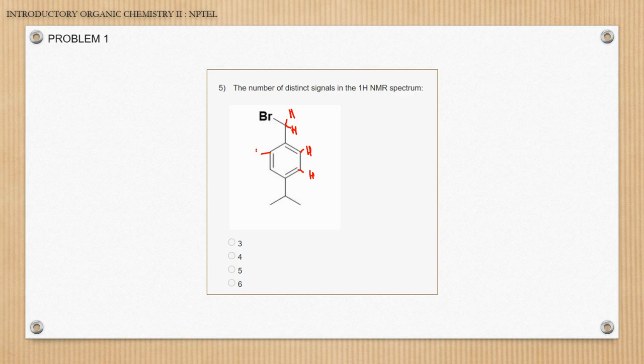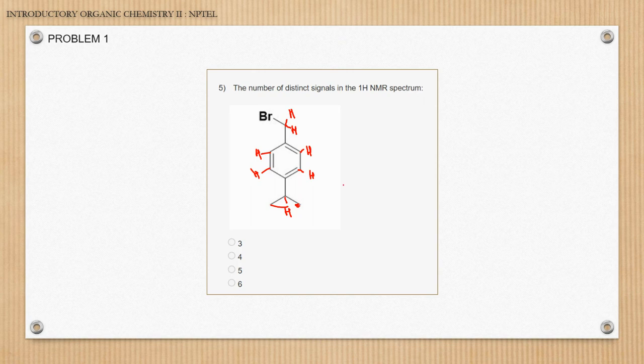And how many CH? This is another CH which is present here, right? So apart from this aromatic CH, you have another aliphatic CH which is present here, and these are the two methyl groups, right? So these are two methyl groups.